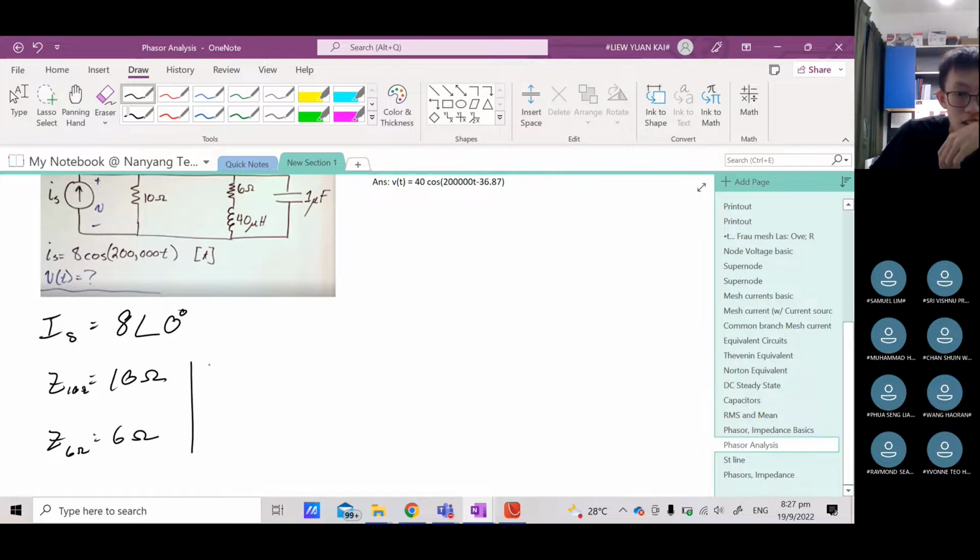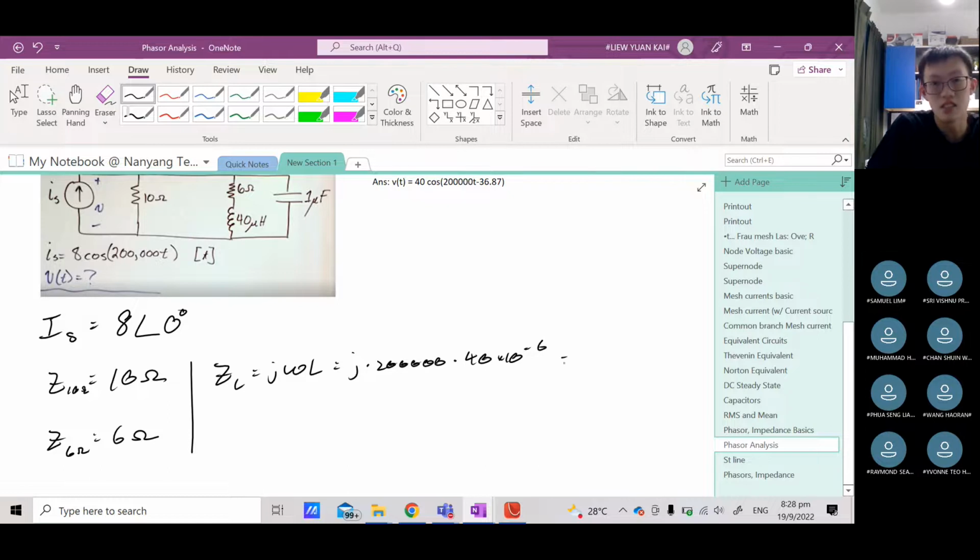Other than that, we have the inductor. Z of L is again given by j omega L. j times omega 200,000 times L, which is 40 times 10 to the power of negative 6. Let me just calculate this. 200,000 times 40 times 10 to the power of negative 6 is 8j.